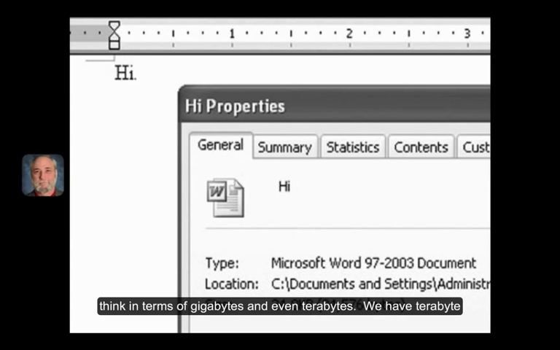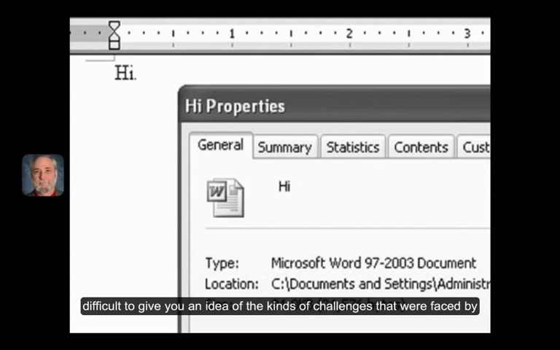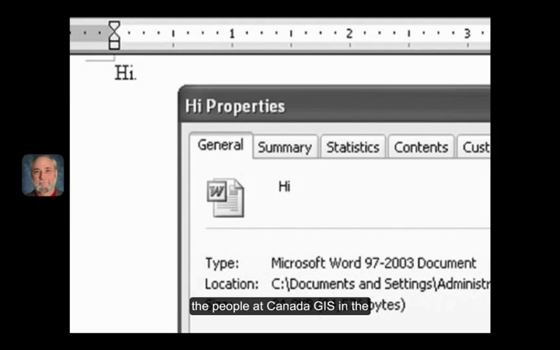We have terabyte-sized hard drives commercially available for $100 or less. And so thinking in terms of size is really difficult to give you an idea of the kinds of challenges that were faced by the people at the Canada GIS in the beginning of their system.